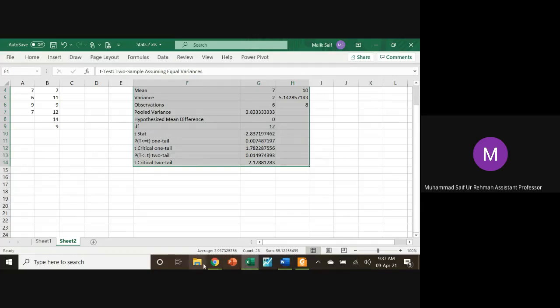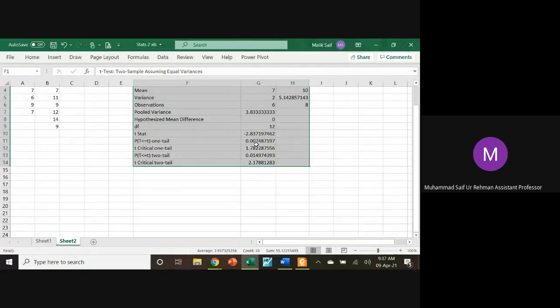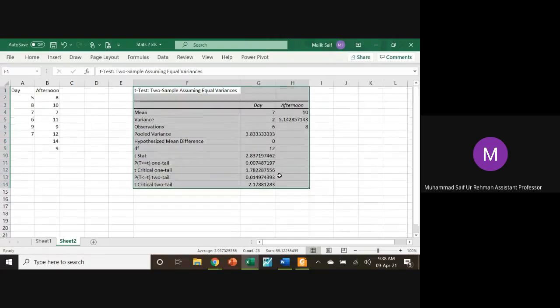As I've said, I have taken this as 0.01, so we know that it is in between 0.01 and 0.005. Excel is giving you the exact value. And if you consider two tails, then the probability value will be this. You can see that 0.007 in this particular case is less than 0.025 for one tail. So therefore you will reject H naught.